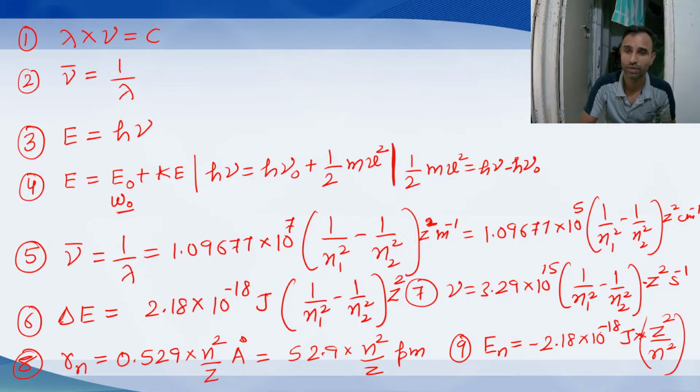We have applied Planck's quantum theory to do so, because delta E equals h nu. So frequency we have calculated like hc over lambda, and wave number we have calculated. That's all for the day.